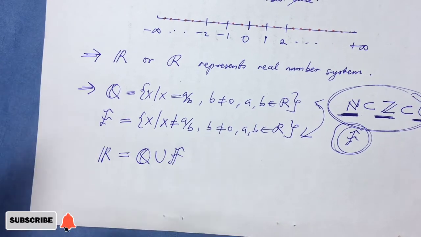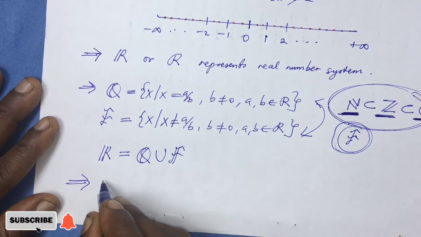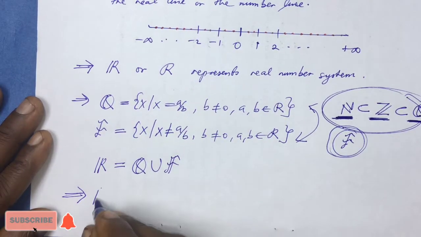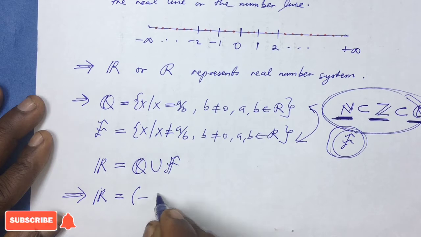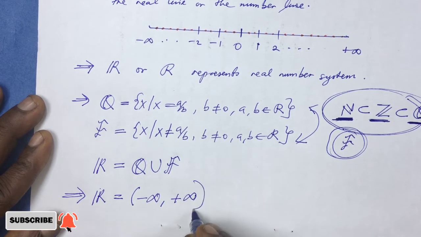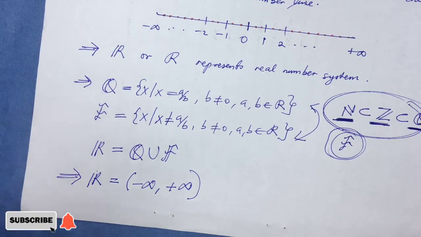That's another thing I want you to take note of. So one way to represent this, especially as it concerns this number line, is that R is a set that contains, from minus infinity to infinity, all the numbers that are either rational or irrational.